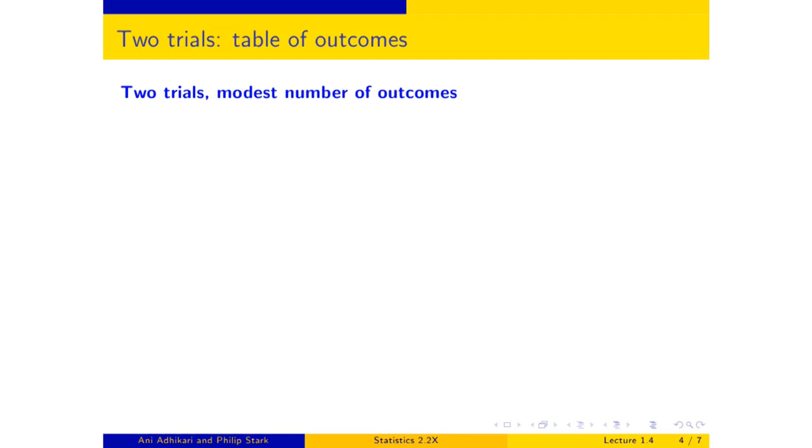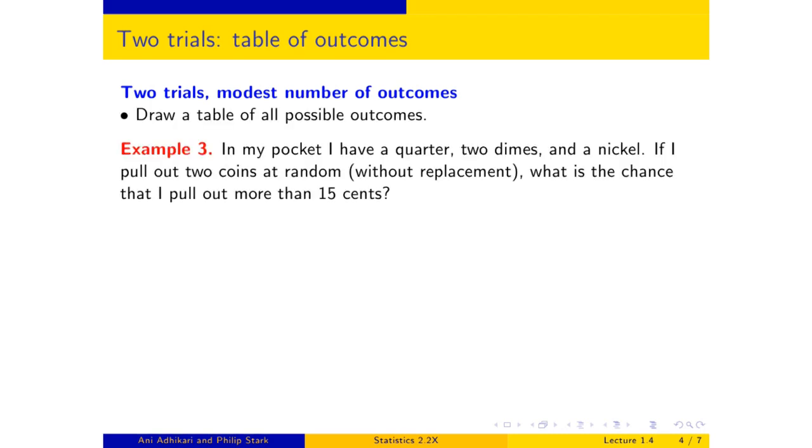And I'm going to take 2 trials with a relatively small number of outcomes, because for those situations, there is a wonderful method that allows you in one go to answer any probability question about those 2 trials. And that's the method of drawing a table of possible outcomes.